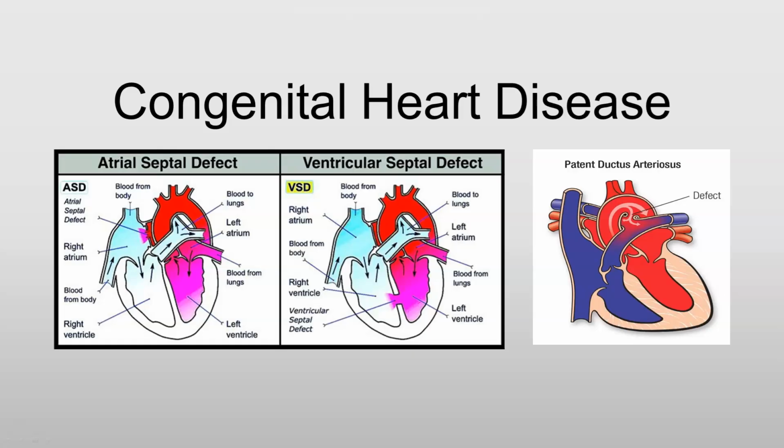When we are looking at this from just an A&P kind of standpoint, what I want us to think about is we know that 2 of these 3 are going to involve the septum. So you have your atrial septal defect. So this tissue separating right from left is the septum.